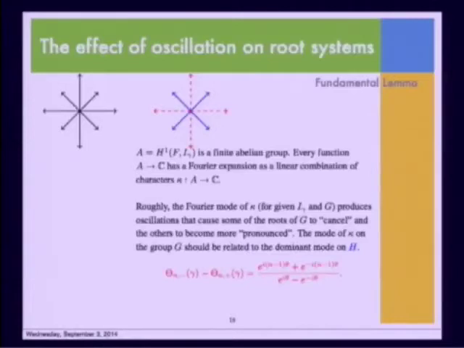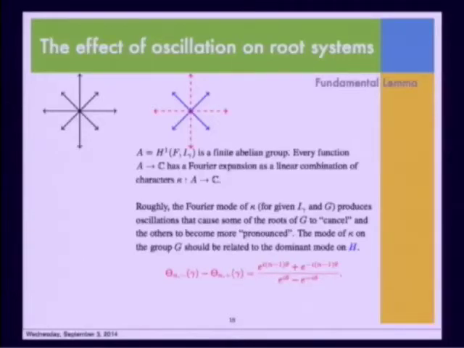And the idea of this, so I gave this example of SL2(R) where there's this drastic cancellation when you take the right linear combination of things. We have this little finite abelian group. Whenever we have a function on this group, this is sort of baby Fourier analysis for a finite abelian group.